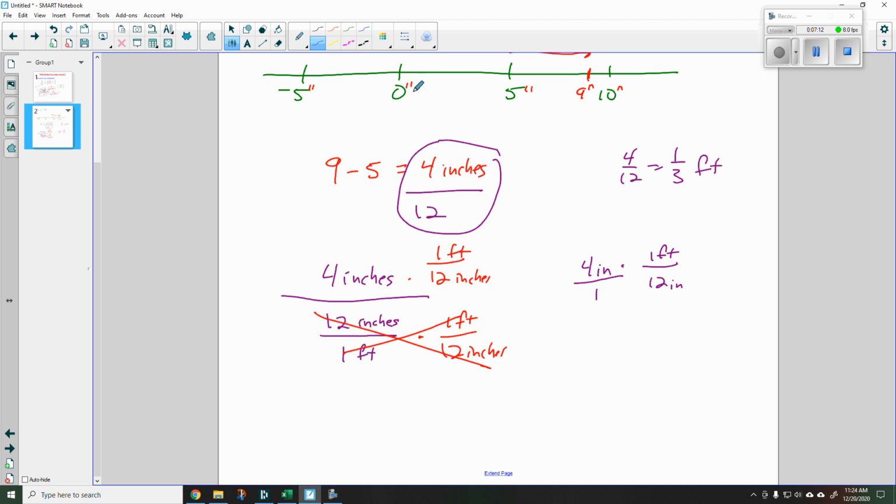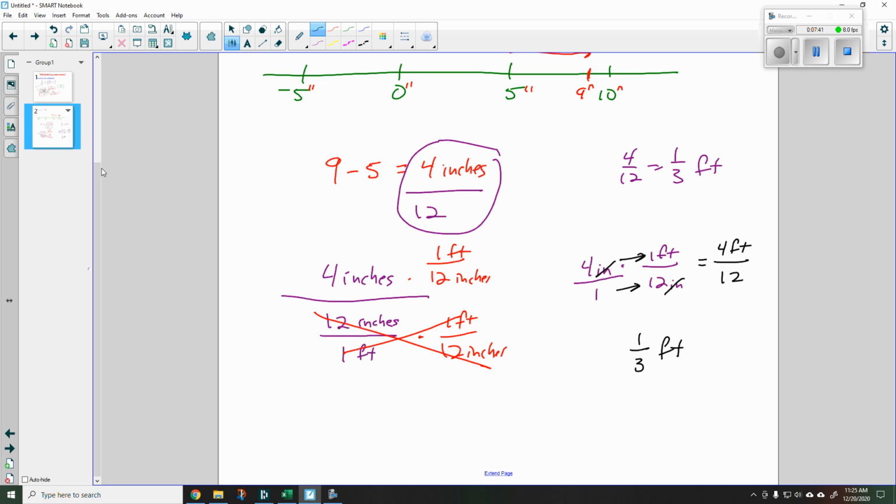So what is happening here is my unit inches is canceling out because it's in the numerator and the denominator. And now when I just multiply straight across, I get 4 feet over 12, and that's where I get my 1/3 of a foot.